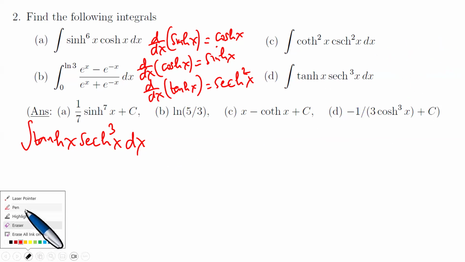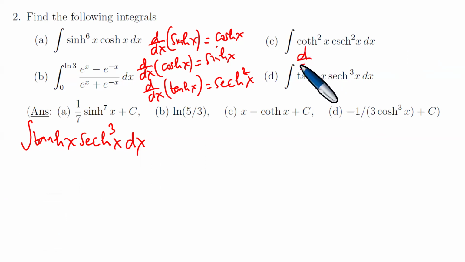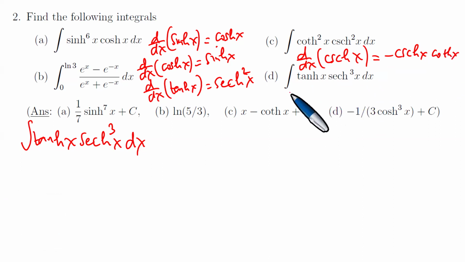So the derivative of the hyperbolic cosecant of x is what? Minus csch x coth x. What is the derivative of the sech of x?